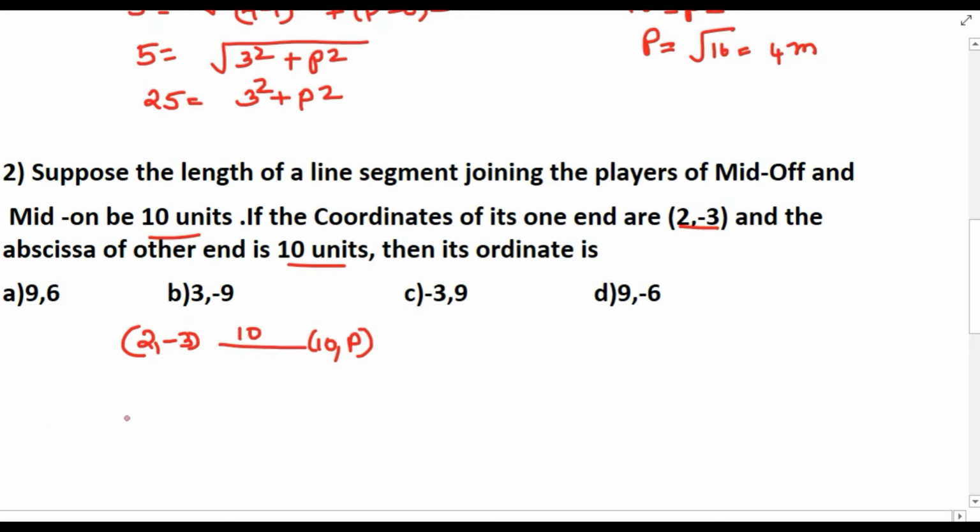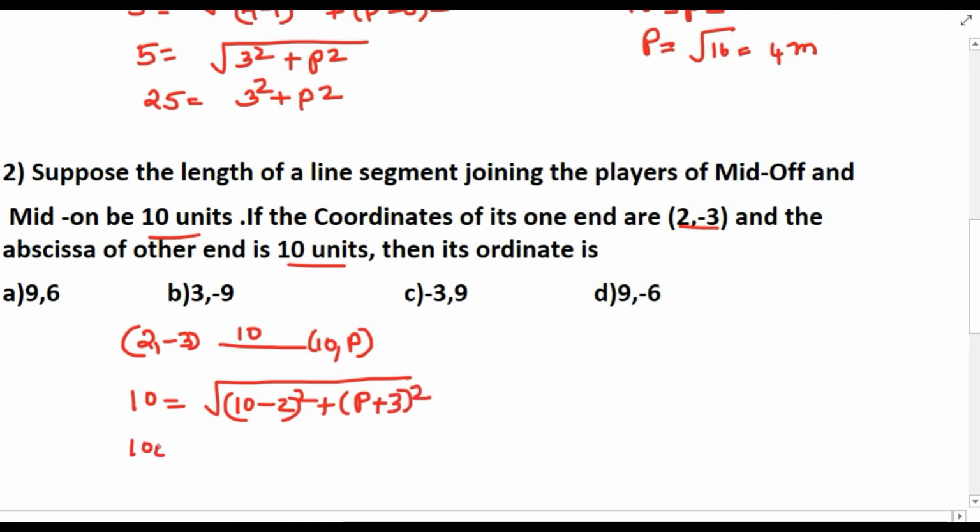So here also we need to use the distance formula. The distance is 10, equal to square root of (10 minus 2) the whole square plus (p minus (minus 3)), that is (p plus 3) the whole square.